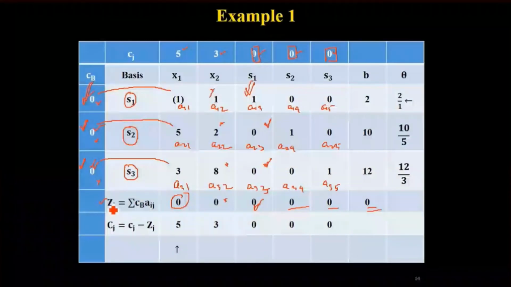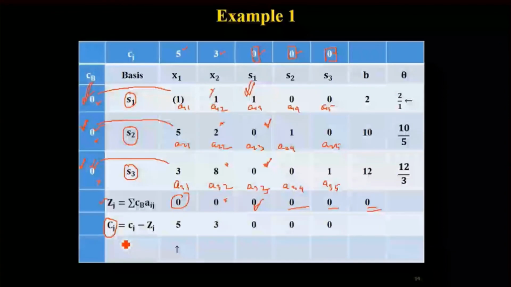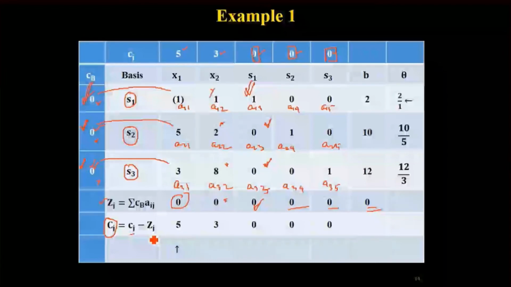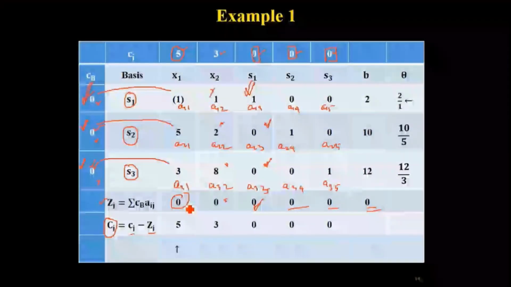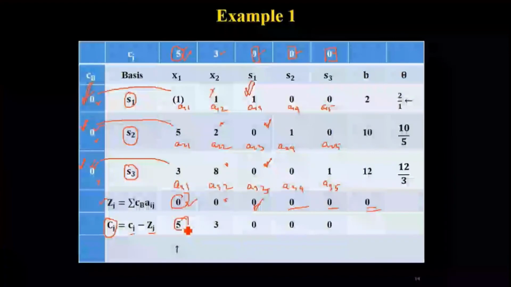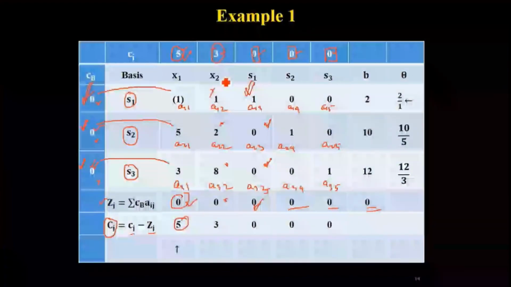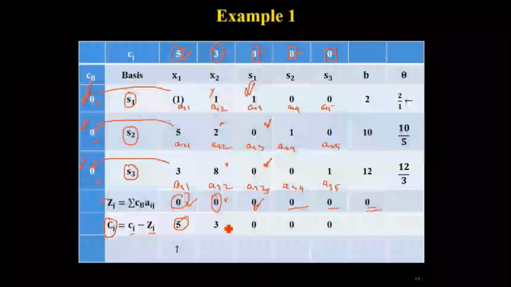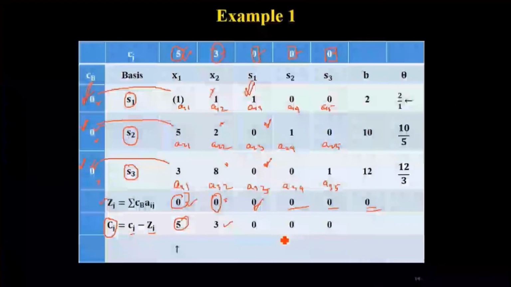Now after getting the zj value, the next thing is to calculate the capital Cj value. How to find the capital Cj value? Capital Cj is nothing but small cj minus zj. Small cj is coming from here, so 5 minus 0 gives 5, 3 minus 0 gives 3, 0 minus 0 is 0, and all other values we have to compute.